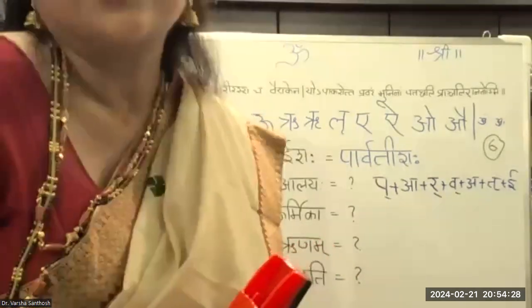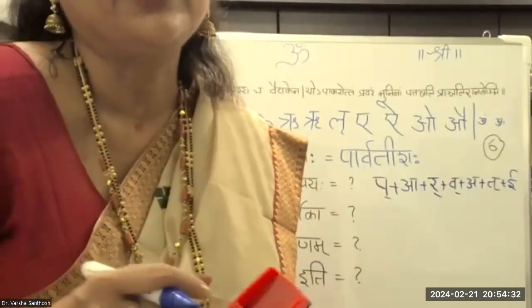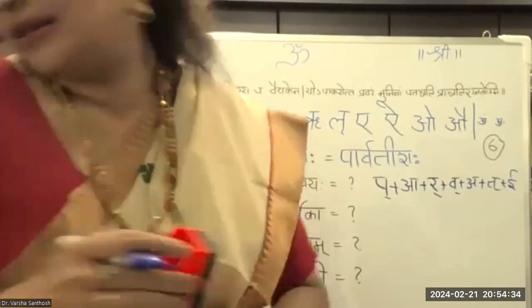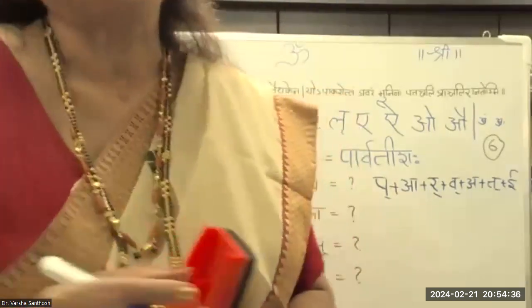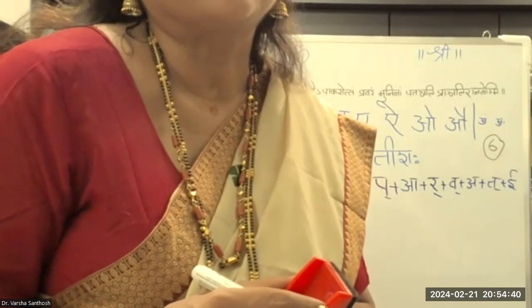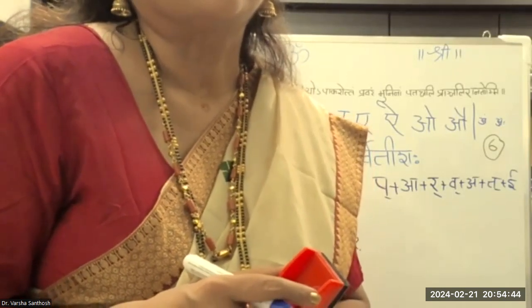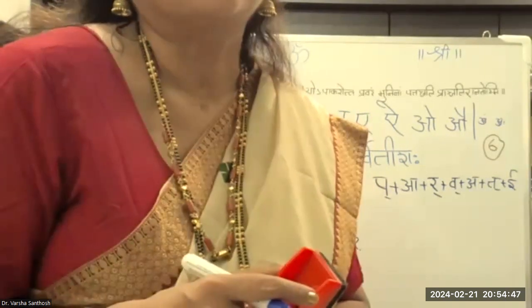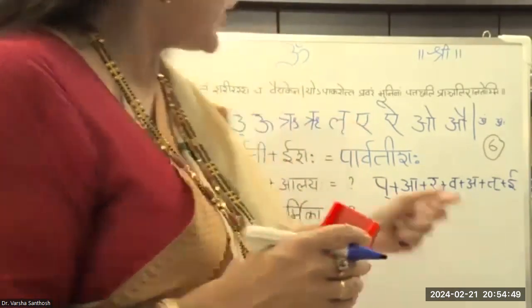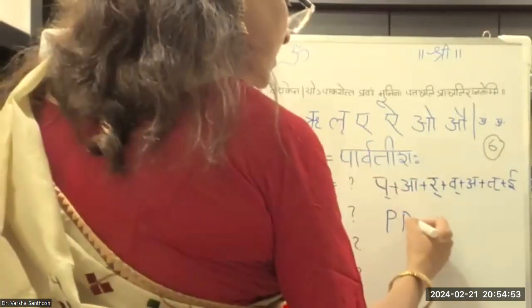Next. Vidyaji, I have a question. When you're doing P plus A plus R, we don't do it as P plus R? You don't do the R with the A, is it? Can we do that? Your question is baseless.